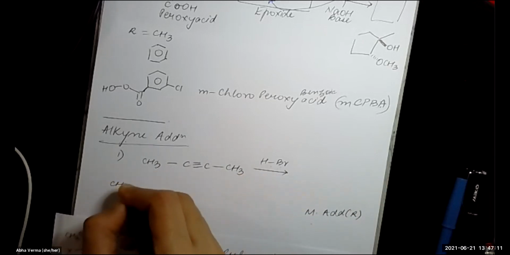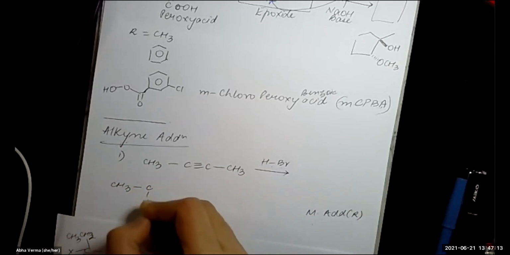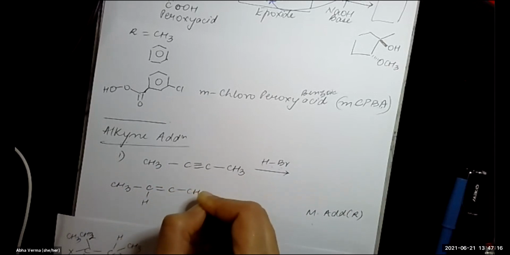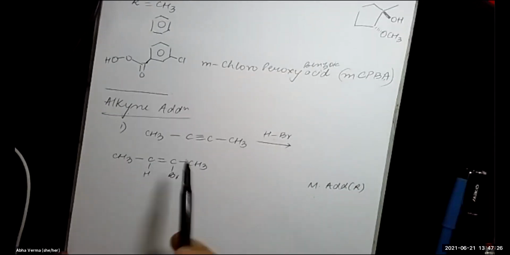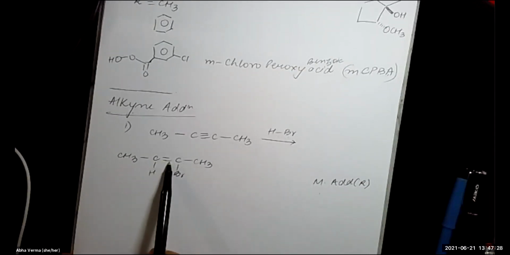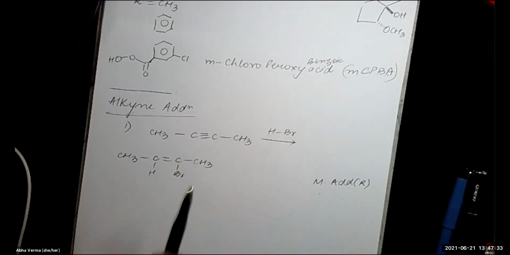In this case, both of them have the same substitutions. So by chance, let's just add it across one of our carbons. But now, what will happen now? Now my double bond cannot be saturated without following Markovnikov's further.